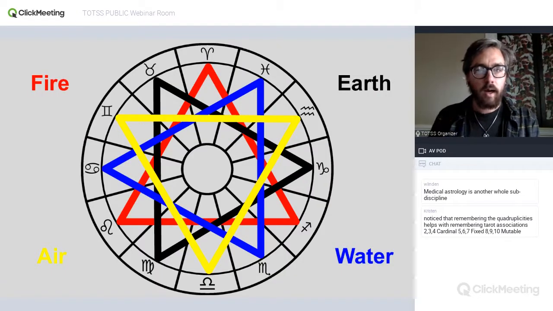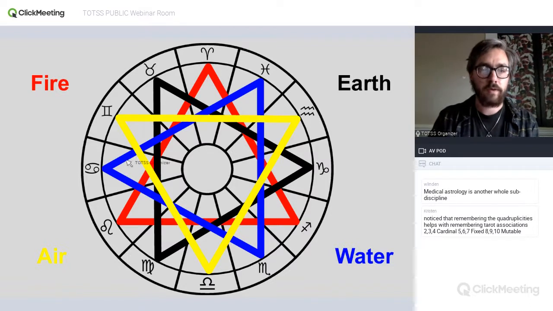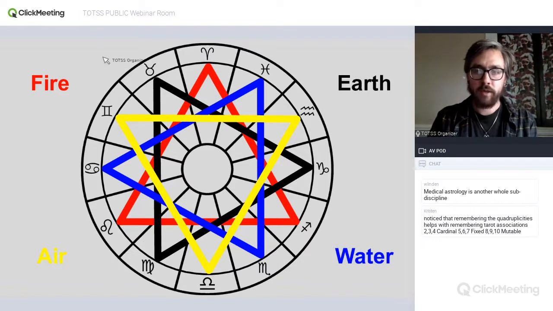All right. And then now we have the 4 elements, or the triplicities. And again, it's significant that the elemental signs, the signs of the same element, are linked together to form triangles. So there we see the red triangle links the 3 fire signs of Aries, Leo, and Sagittarius. The black triangle links the 3 earth signs: Taurus, Virgo, and Capricorn.